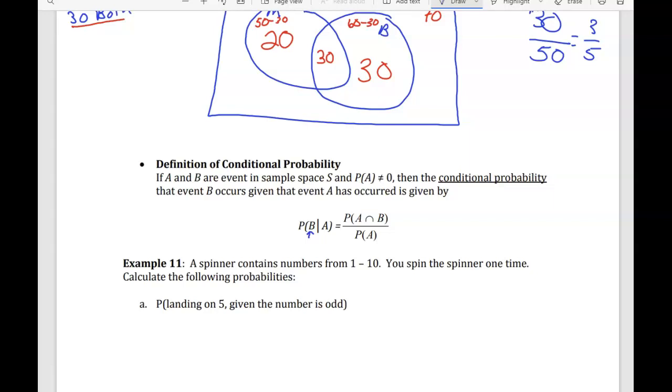And that's how you would read that. So you put the given portion on the denominator, and you put the intersection on the numerator. Okay?